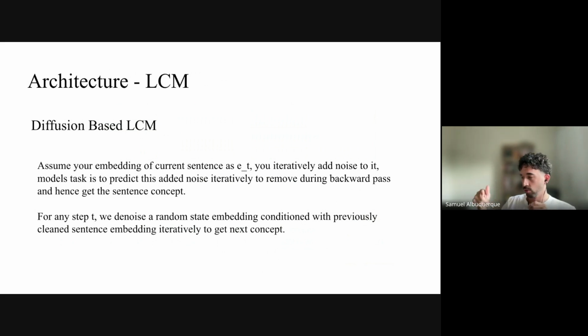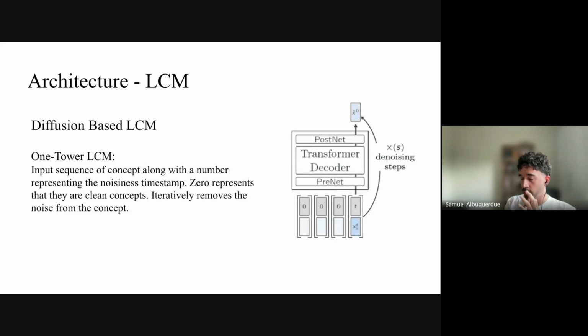So during training, and during inference, you have the previous clear concepts as context, and then you iteratively remove the noise from the noisy concept to get the next one, the prediction for the next one. You iteratively remove this noise to get to the clear concept, and they implement this architecture in two different ways.